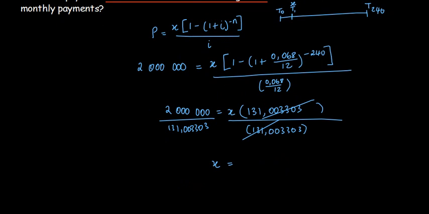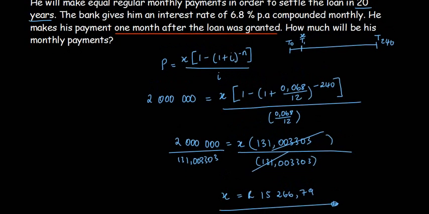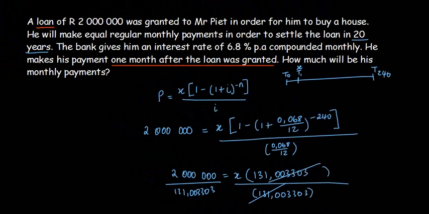Say it's 15,266.7906. 1779. Okay, perfect. So this would be his monthly payments. So if you want to buy that house, and you are given this interest, then you can actually calculate and say, oh, so it means every month from my salary I must take out 15,266.79. So that will assist you there.